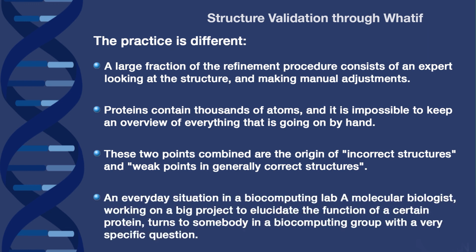In an everyday situation in a biocomputing or computational lab, a molecular biologist working on a big project to elucidate the function of a certain protein turns to somebody in a biocomputing group with a very specific question. And what is that specific question? I need a structure of that protein.